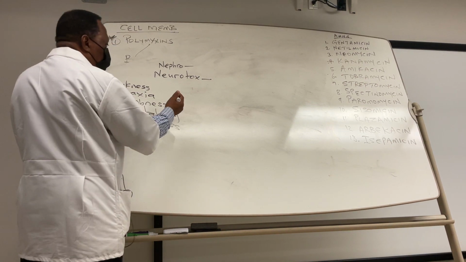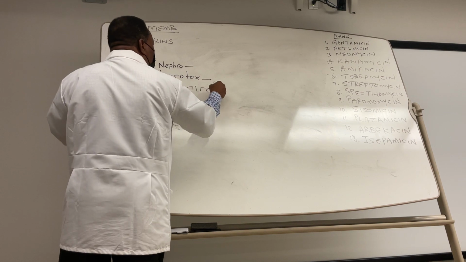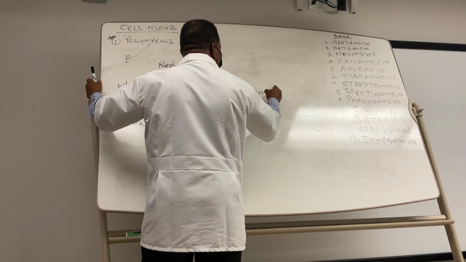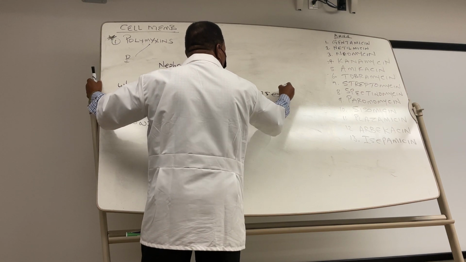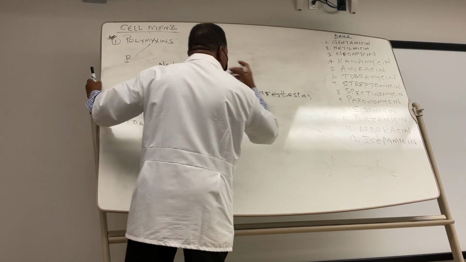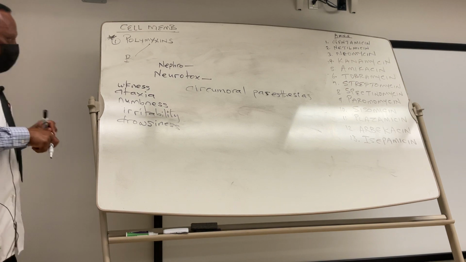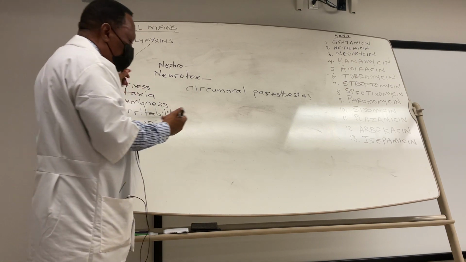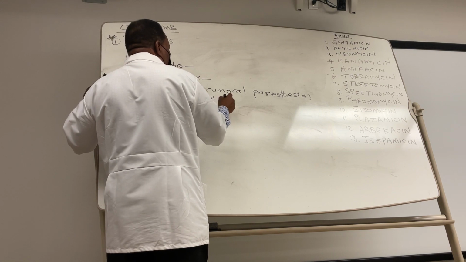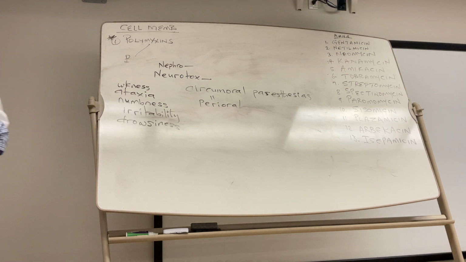And then they can experience what you call circumoral paresthesia, also referred to as perioral. So in other words, numbness around the mouth.